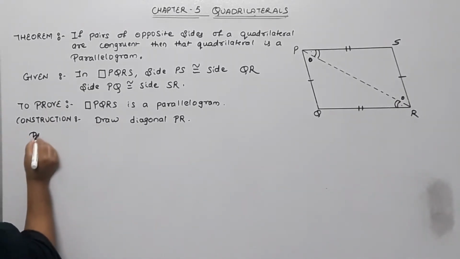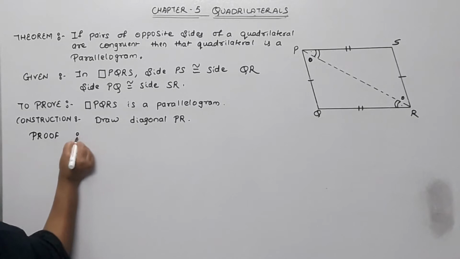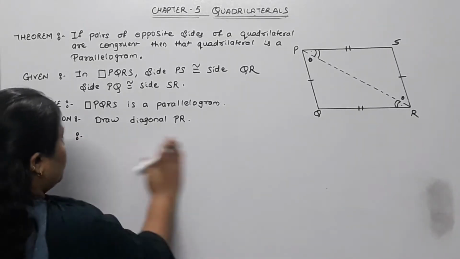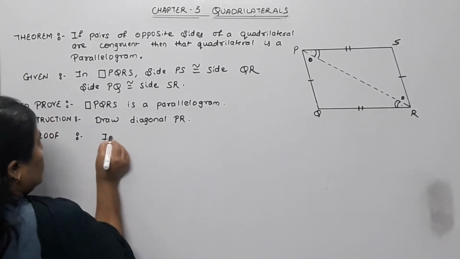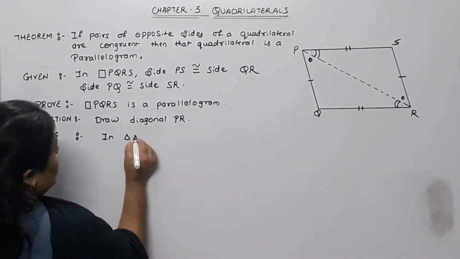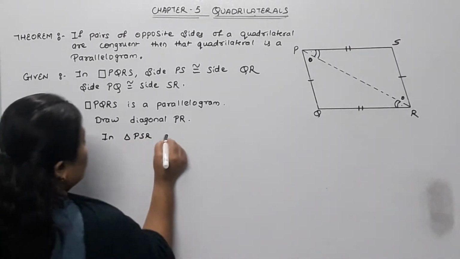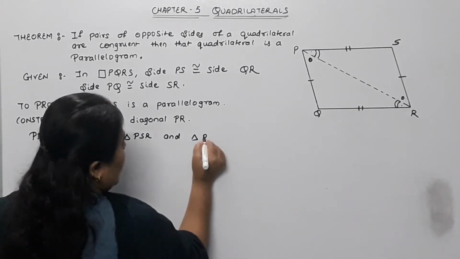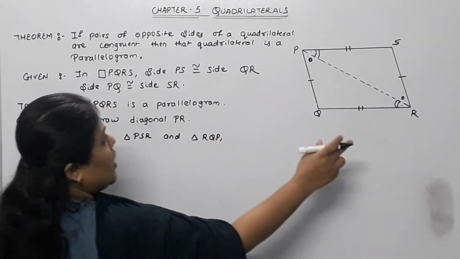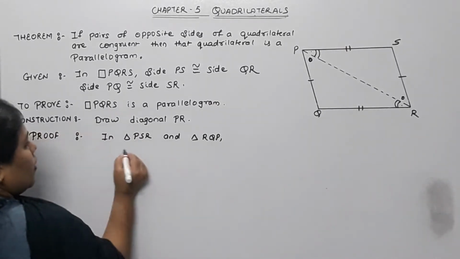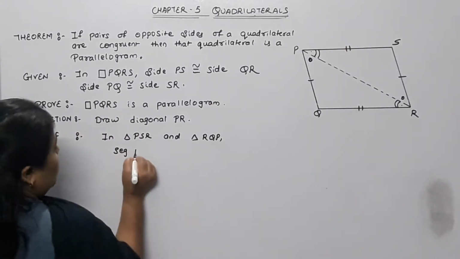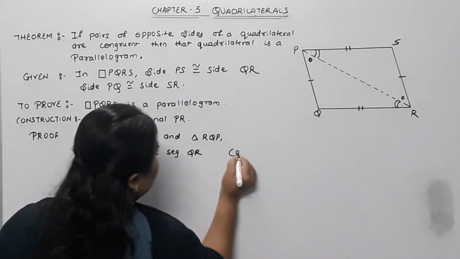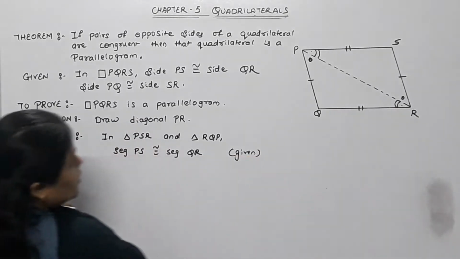Proof. Write down. Hope you have understood this part. So let's start with the proof. Okay. In triangle PSR and triangle RQP, PSR and RQP, seg PS congruent to seg QR, given, right?